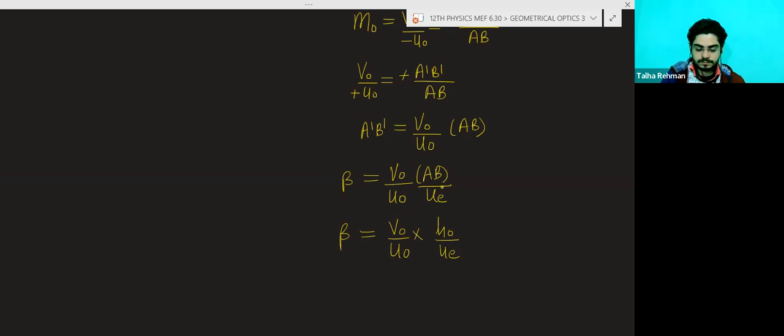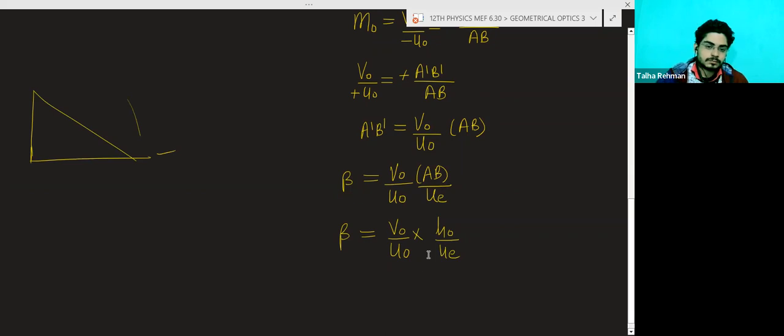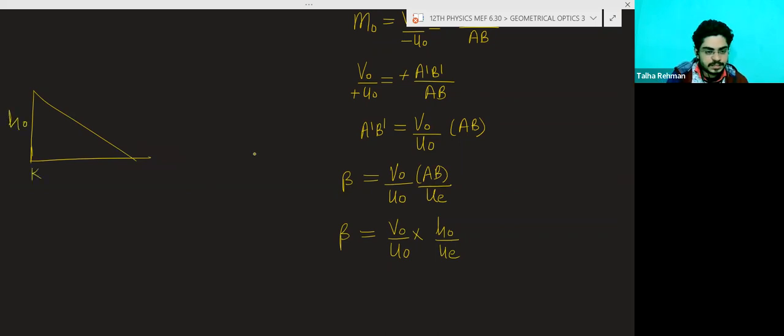So this is beta. Now alpha we can calculate very easily. Alpha will be h naught by d. Alpha is like this: this is the height of the object, and this object is placed at a distance of d, and this is the eye.